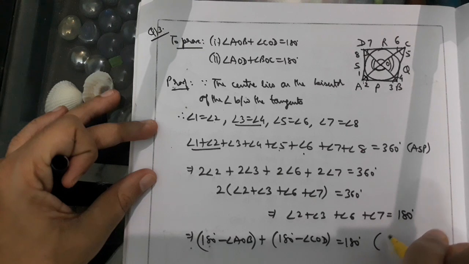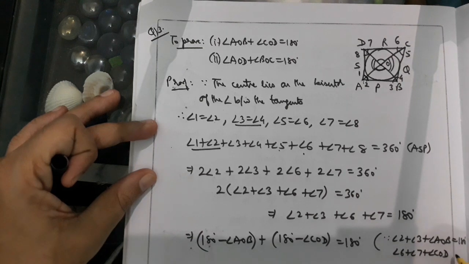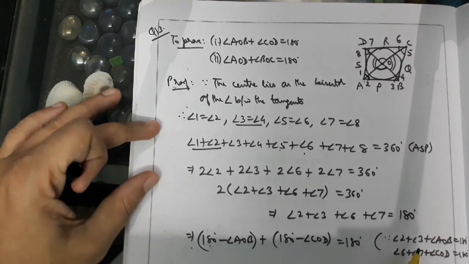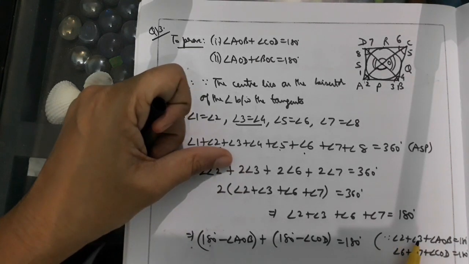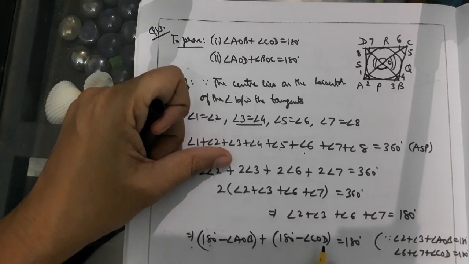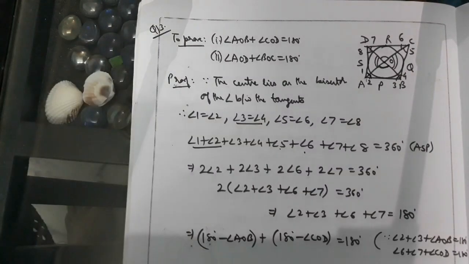So over here we write down the reason. Since angle 2 plus angle 3 plus angle AOB is 180 degrees, angle 6 plus angle 7 plus angle COD is 180 degrees by the angle sum property. So that is why in place of angle 2 plus angle 3 we have written 180 minus angle AOB, and in place of angle 6 plus angle 7 we have written 180 minus angle COD. This is what we obtain.